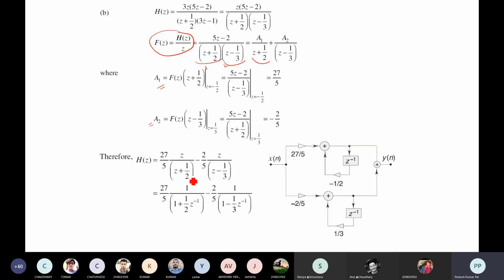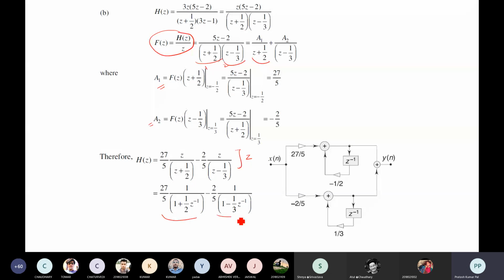So we will realize it by dividing the whole term, H of z by z, on numerator and denominator both. Once we divide, it will give out this one. So this is the first term, this is the second term.